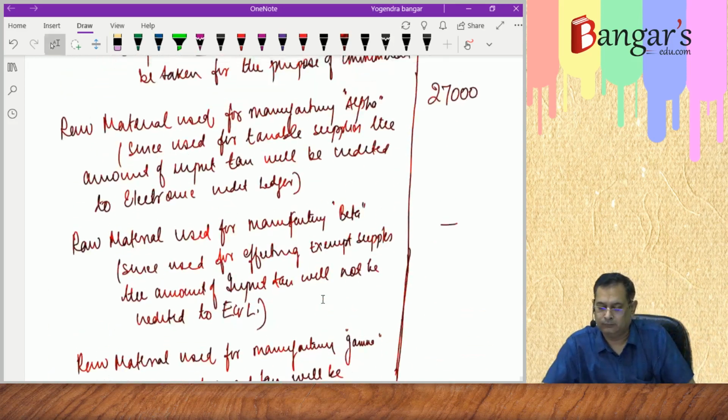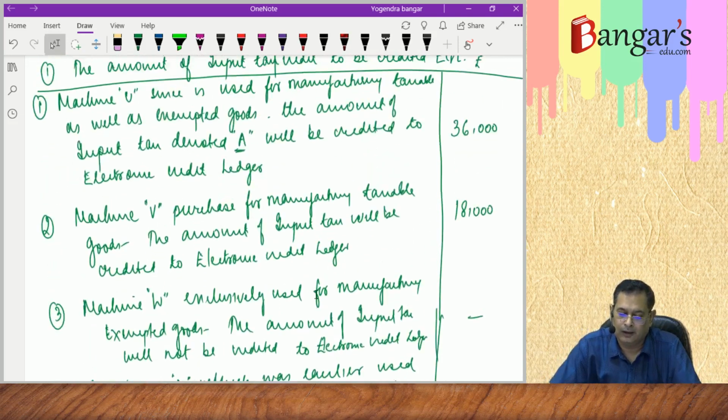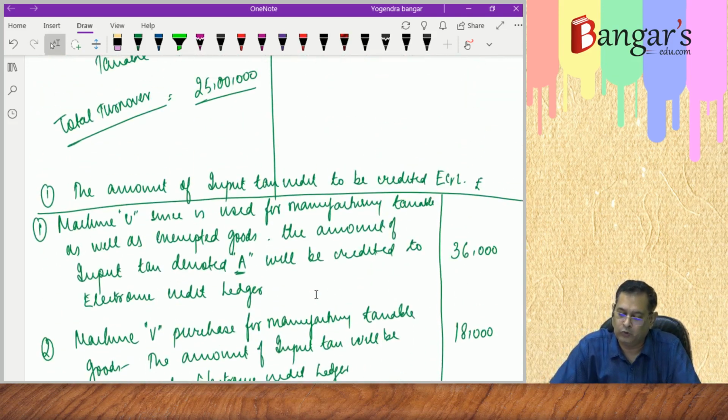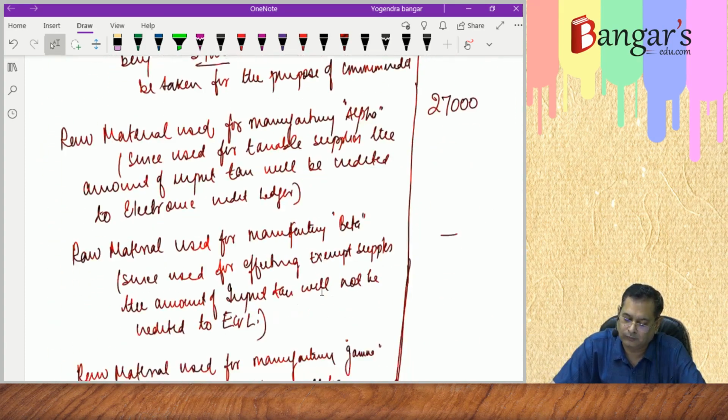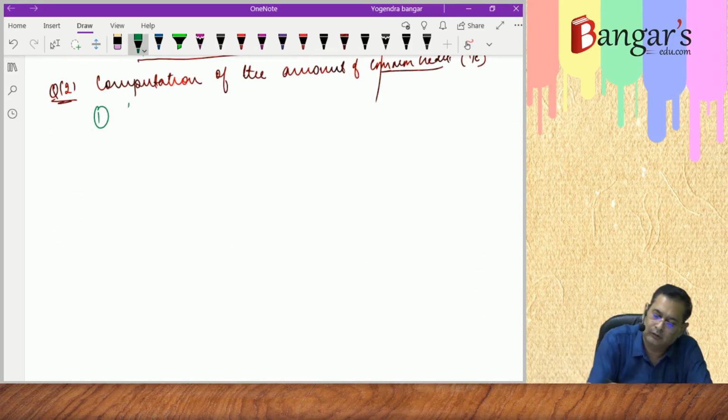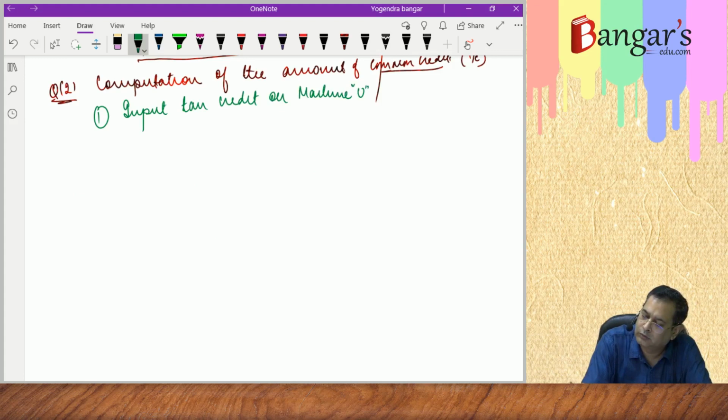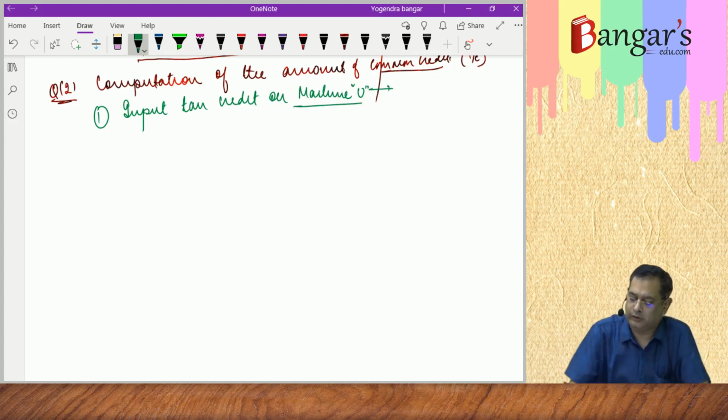See, here it is machine U. Input tax credit on machine U, since the same is used for all the 3 products.